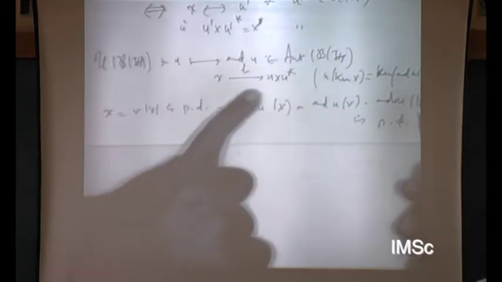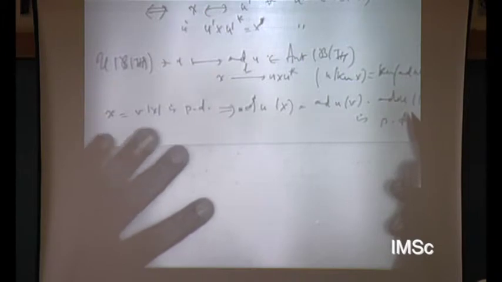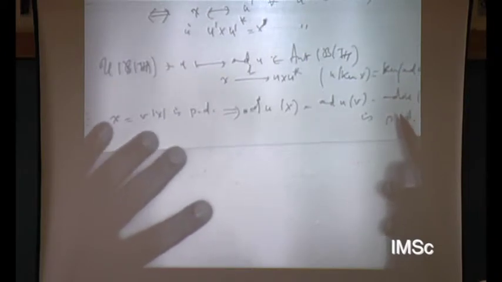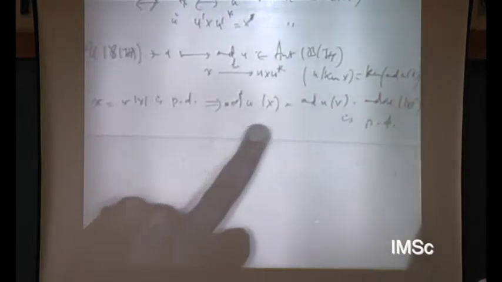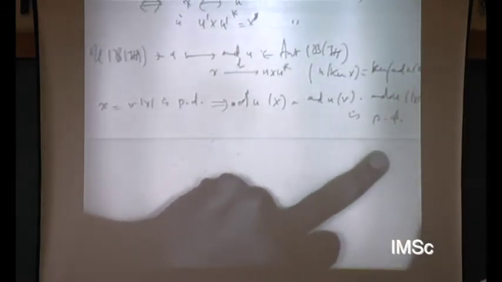So if in the polar decomposition all these three guys have the same kernel, then if you apply Ad U, the kernels of these three guys will be U of the kernel of this, U of the kernel of this, U of the kernel of this. So they must all be the same. So by uniqueness of polar decomposition, you will conclude that Ad U of x equals Ad U of v times Ad U of mod x.